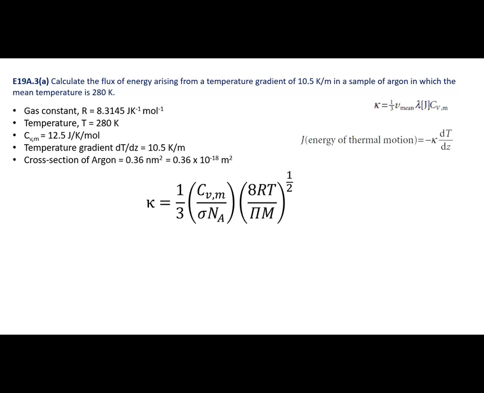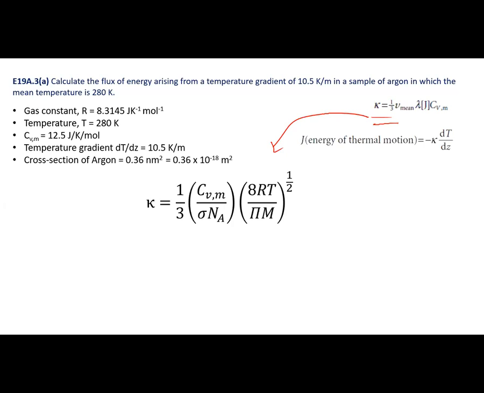What we know is kappa, and we derived an equation for kappa as this one. Here we need to calculate the flux and not just the thermal conductivity. So the flux of energy or thermal motion is given as negative kappa times dT over dz.